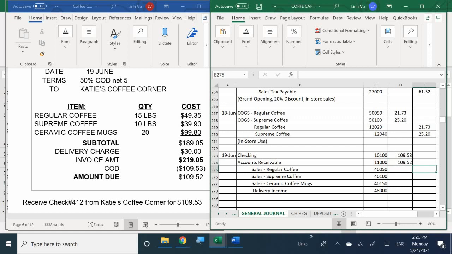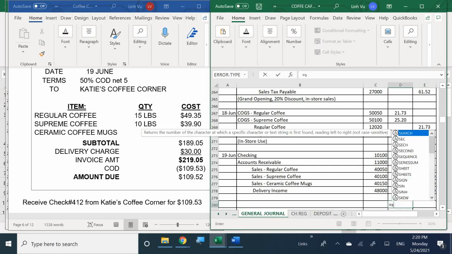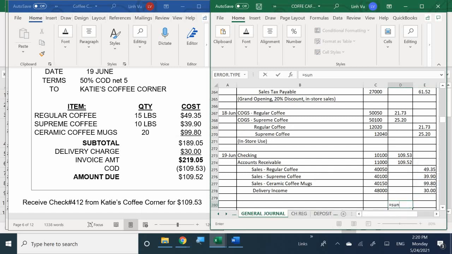Then your regular coffee will be 49.35. Then 39.90. Then 99.80. And then 30. Once again, double confirm that your debits do match your credits, just in case you fat fingered anything here.